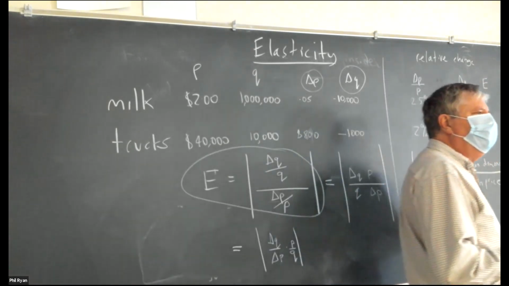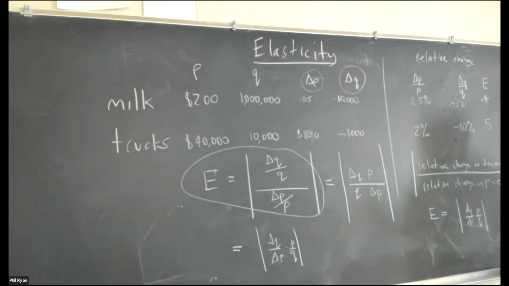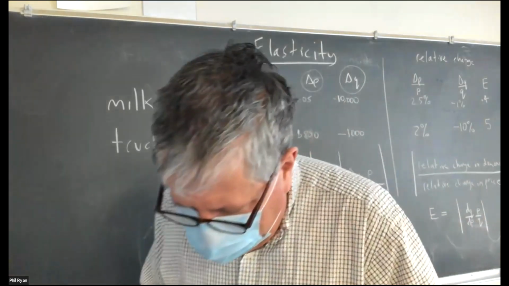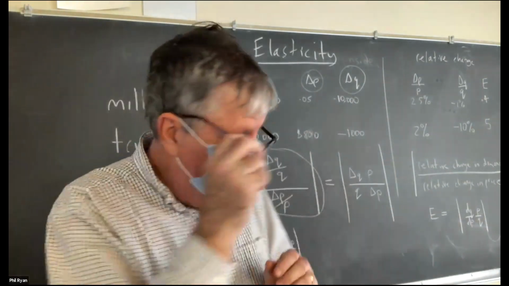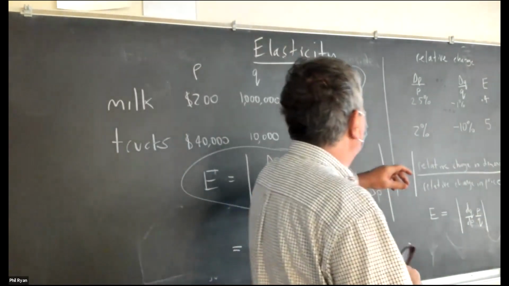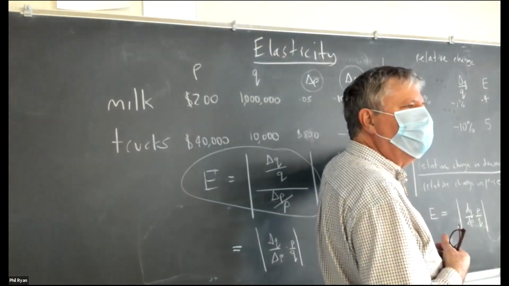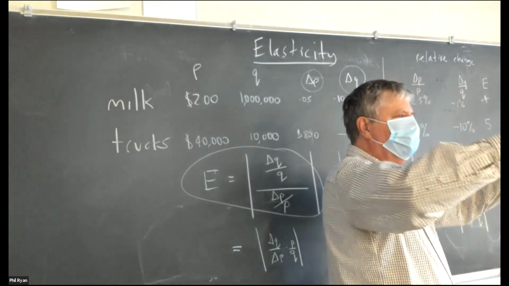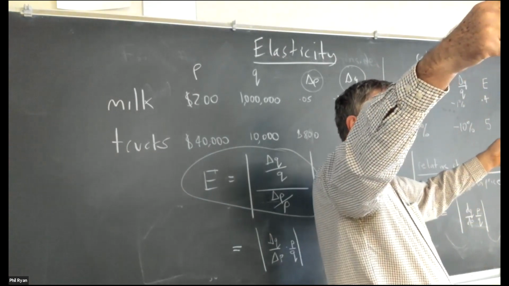And so hopefully you can see where the term elastic comes from, right? So what does elastic mean? Something being elastic means it stretches a lot, right? And so we can see this happening for the good. Which is more elastic? This one is elastic. Things are really being stretched out.